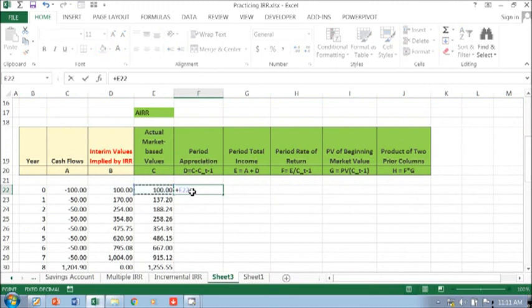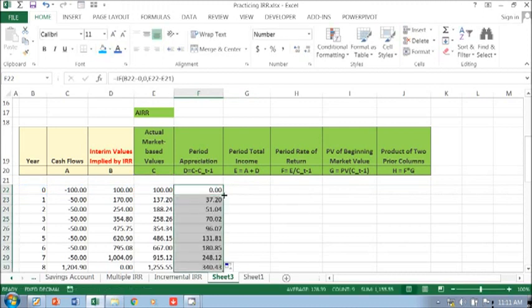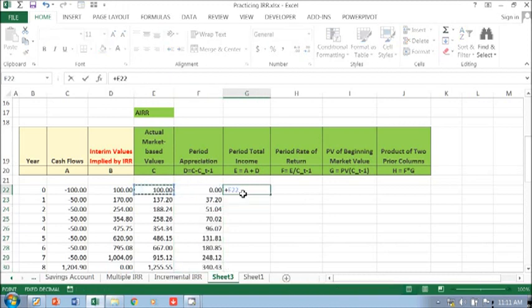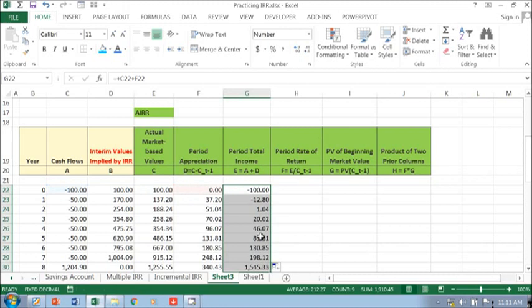And then your period appreciation is this one minus this one. Oh no, sorry. You can use an IF: if this is 0, then it should be 0, otherwise this one minus this one. Just copy it down. And then the period cash flow is A plus D. You don't need 100 here.